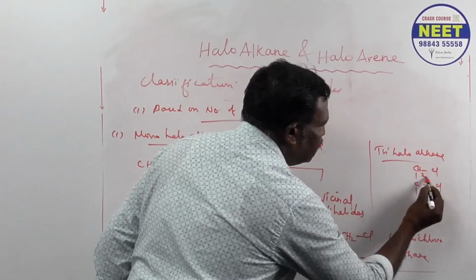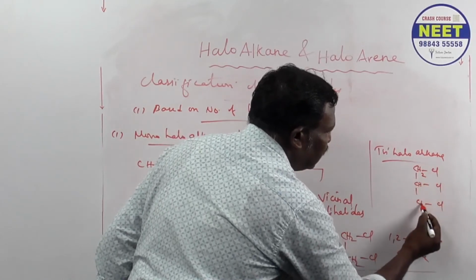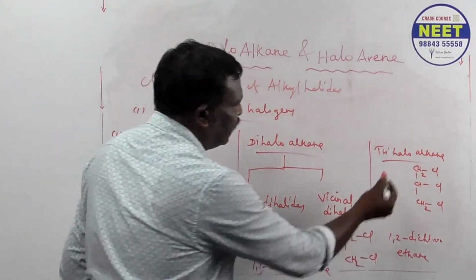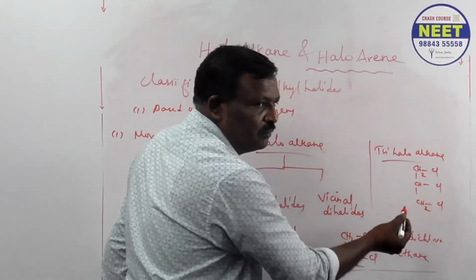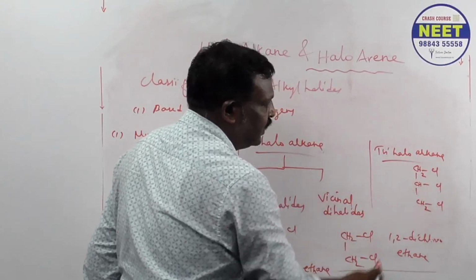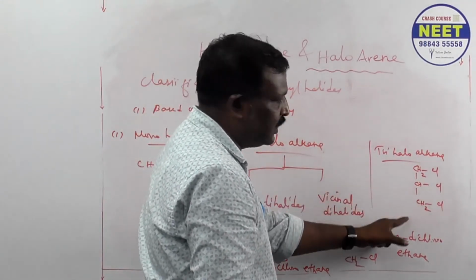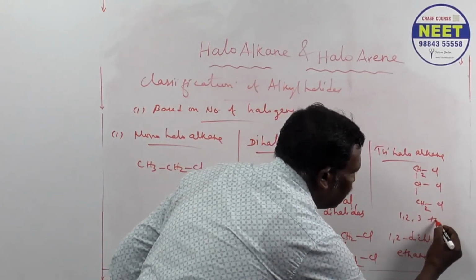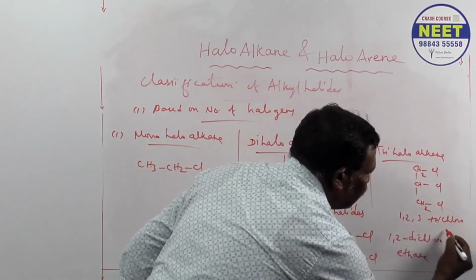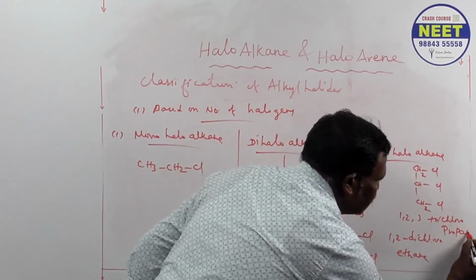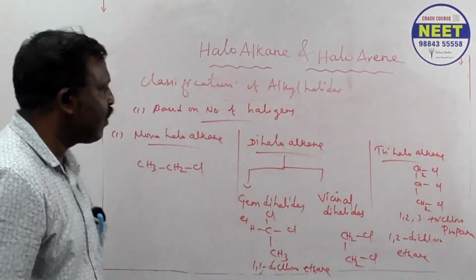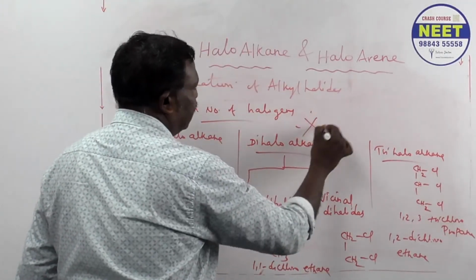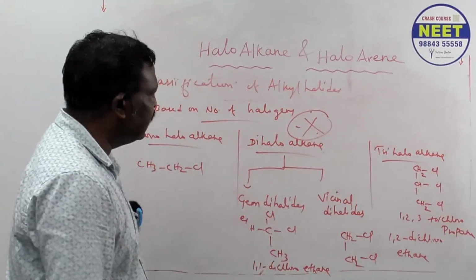This is CH2 here, CH only here, CH2. Give the name. How to give the name? Here only CH will come. Don't put CH2 here. 1, 2, 3. So, trichloropropane. Understood? Simple one. This one is important. The middle one is the important one.